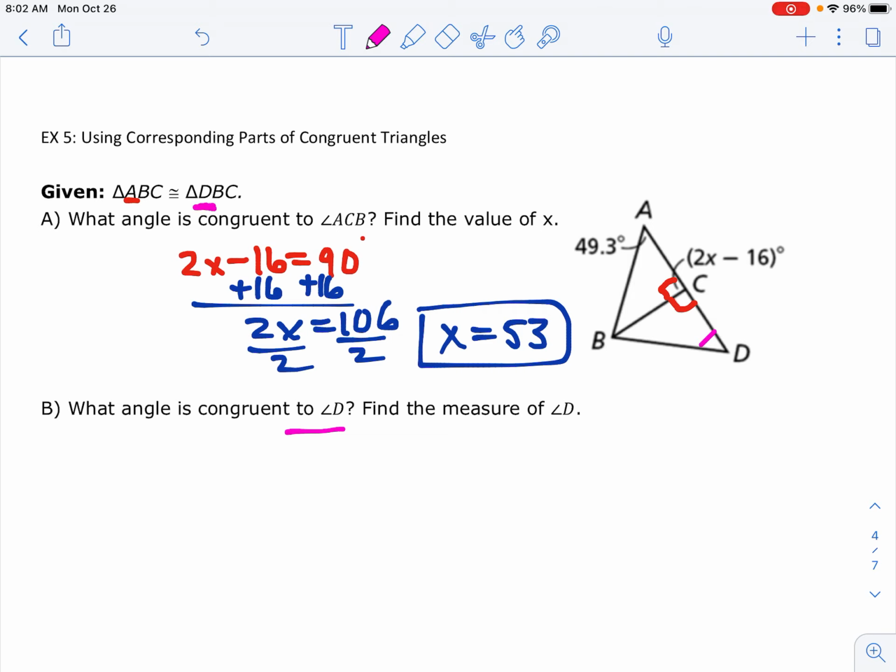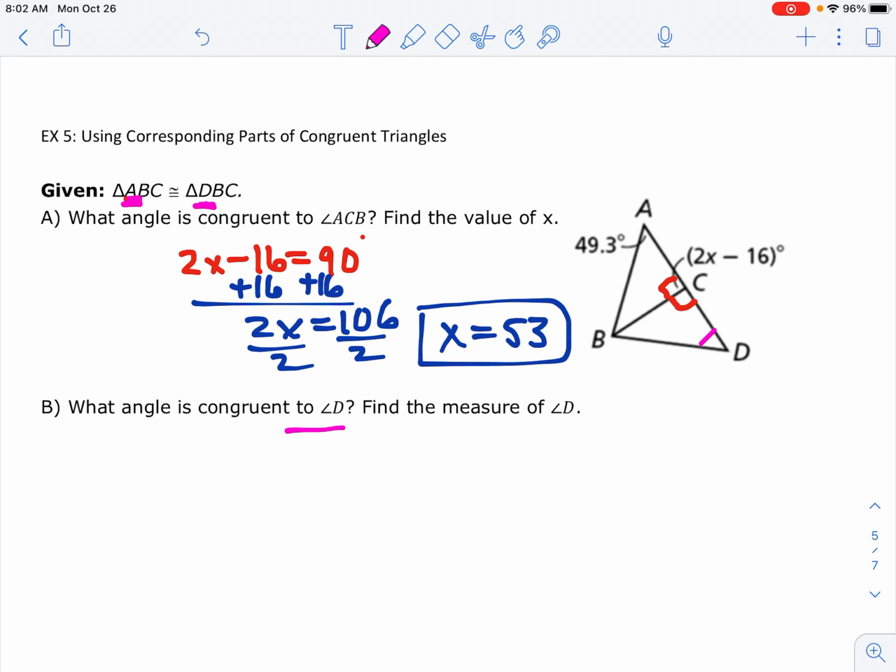Angle D is the first letter, which means it's the same as the first letter here, which means A is the same as D. So if angle A is equal to angle D, and angle A was 49.3, then angle D has to equal 49.3.